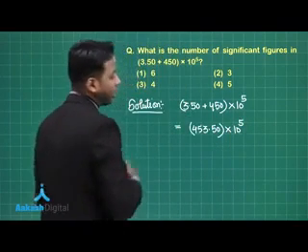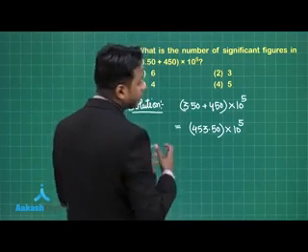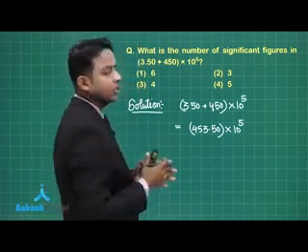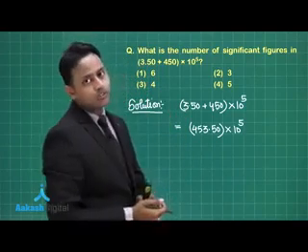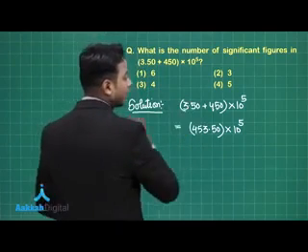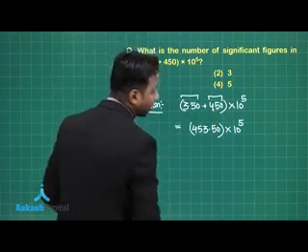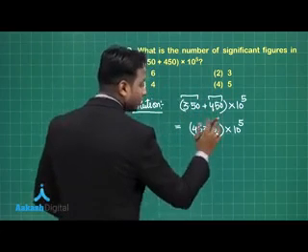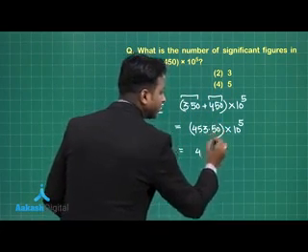Now tell me, what is the rule for addition? Whenever we are adding the numbers, the number of decimal places that we need to take in the answer should be as much as in the least of the original numbers involved. So here in this I have 2 decimal places, in this I have 0 decimal places. So the least is 0. So the answer should be kept with only this; the decimal needs to be dropped.